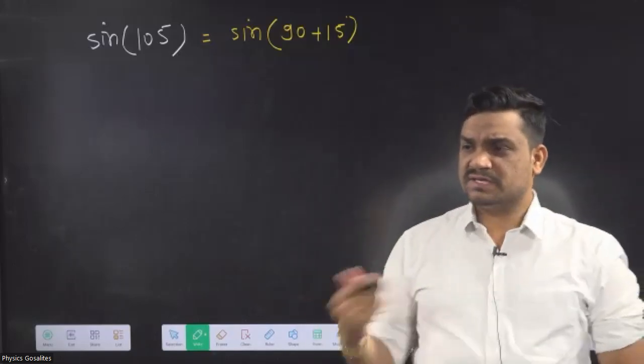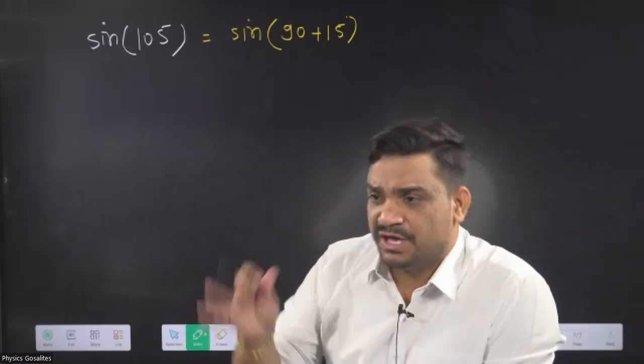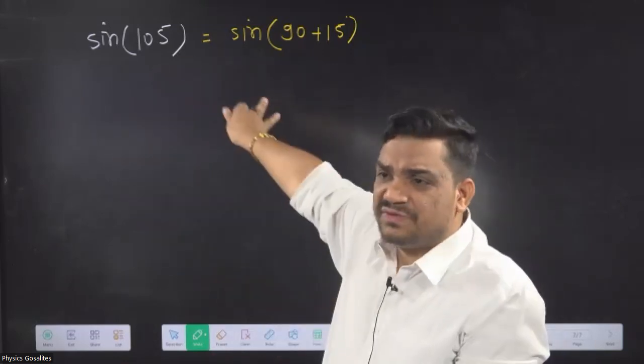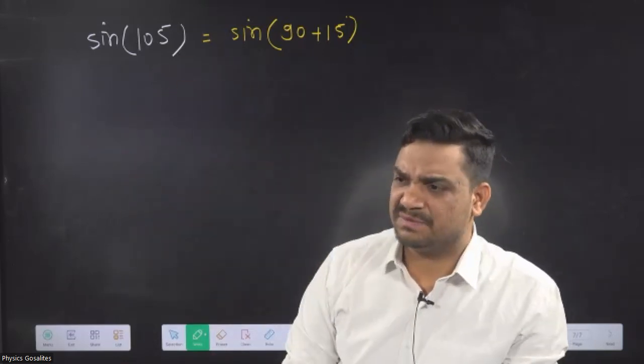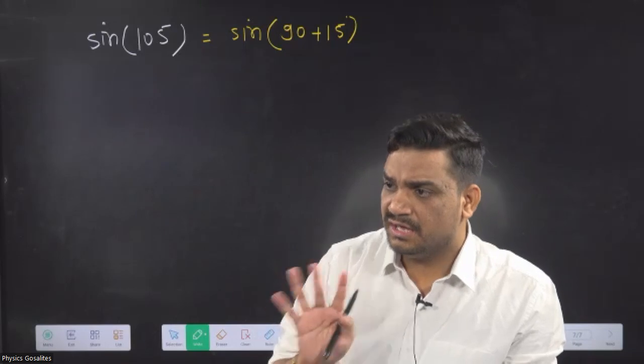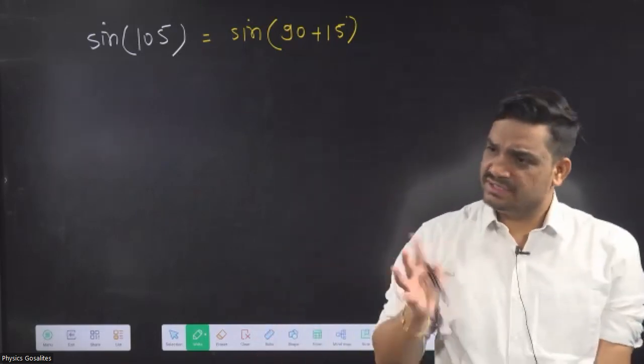You can say, sir, I will write sine 60 plus 45. No problem, you can write. But sine 15 I just got. Can I write 90 plus 15 also? Yes.